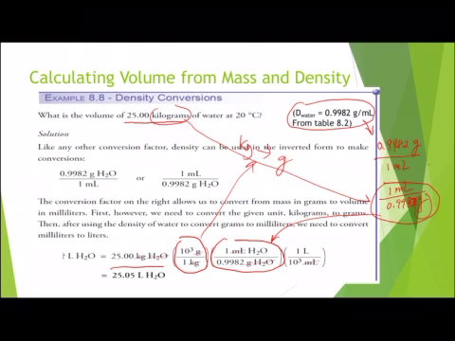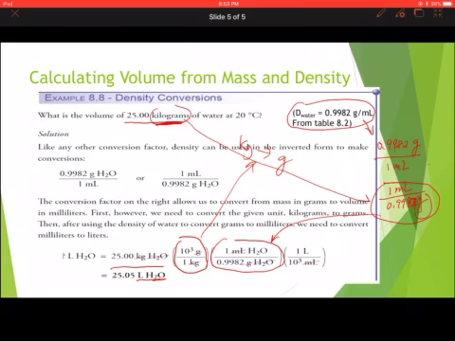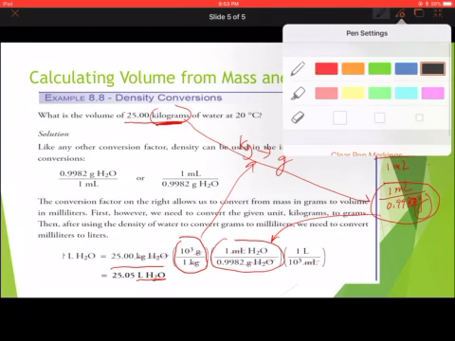But because your mass is a huge number in kilograms, it makes more sense to convert the volume to liters. That's how your author did it. The last side note is, how do you know whether to answer in ml or liters? It depends on the question. For this open-ended question, either way is fine. But if it's a multiple choice question, it depends on what your answer choices are.